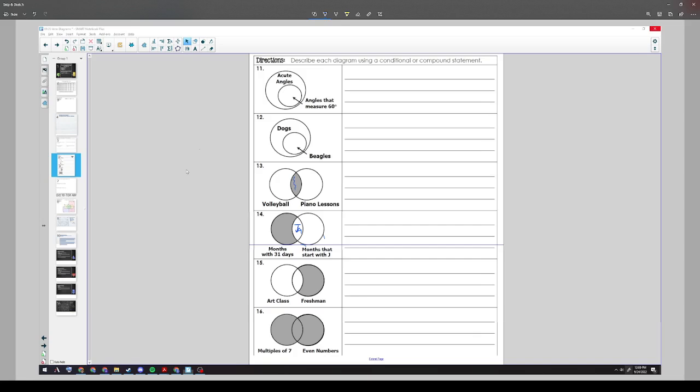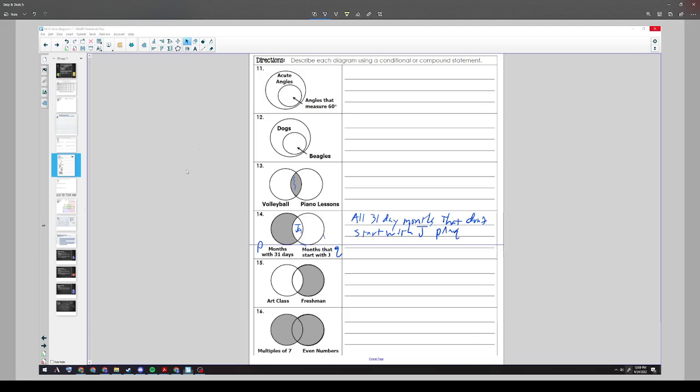So we didn't have one quite like this on the last slide, so this would be all 31-day months that don't start with J. So if this was P and Q, that would be P and not Q.